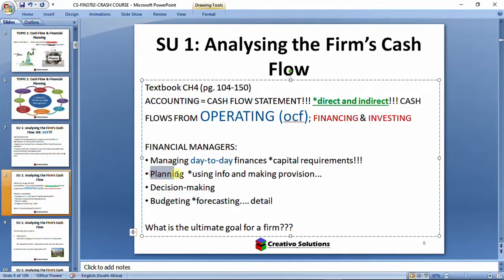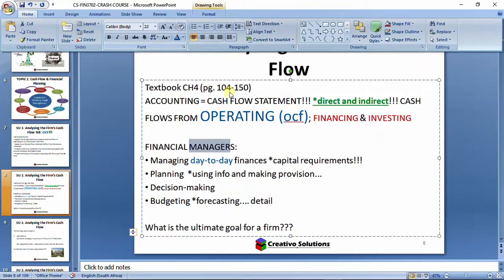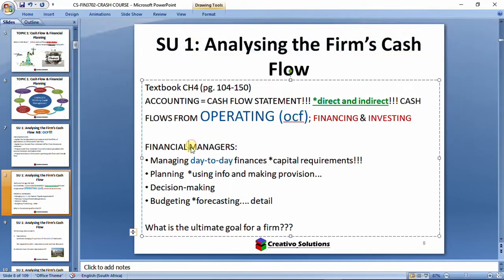So the business might have a plan. Okay, they want to expand their operations, that's fine, but then they might need to budget or forecast certain income or expense line items. Right, and then obviously as a financial manager, the word manager is something we've looked at a lot. Obviously your job is to make a decision. All right, but remember, short term always.